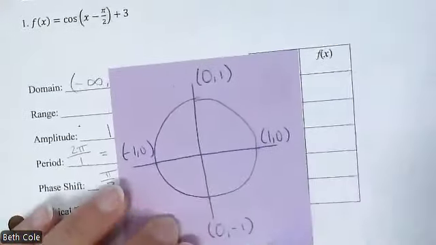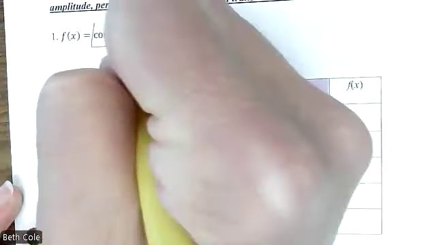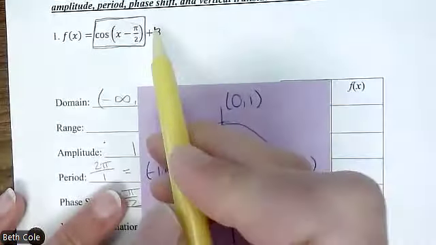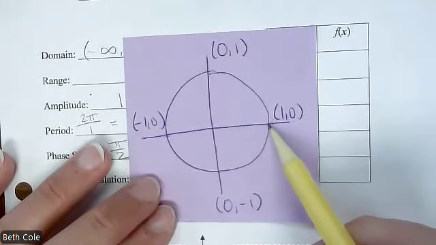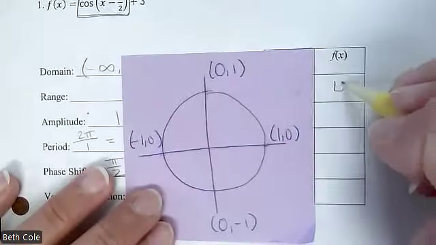Because you can get the rest of this without it. I'm going to cover it up. It doesn't even matter. You're just going to journey around your circle. Are we going to use the x values or the y values? X. Cosine is x. We're going to go around, get all our x values, and add 3 to them. So what is your first x value for your starting point? 1 plus 3 is 4.